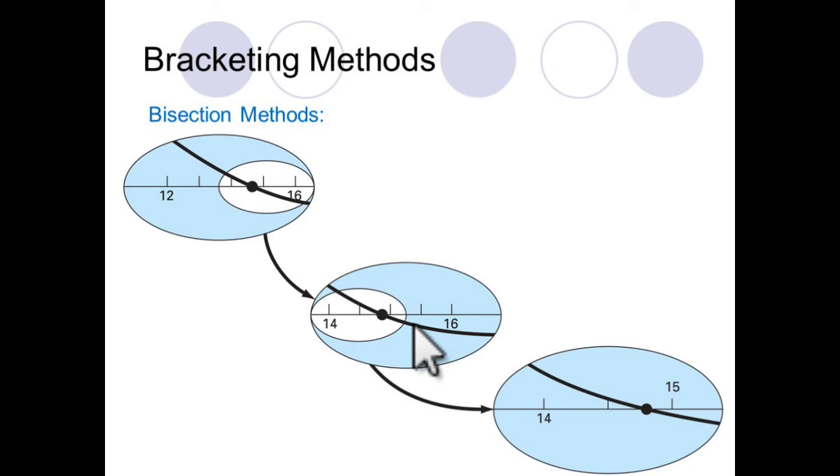Again, f of xr is negative, f of xl is positive, and then it's negative, and you get the lower subinterval, you just change xu as xr, and then you reach the root as a result.